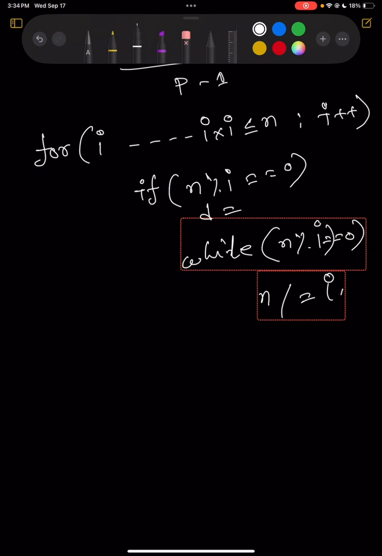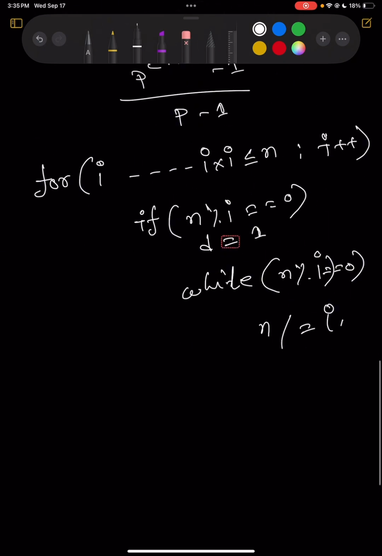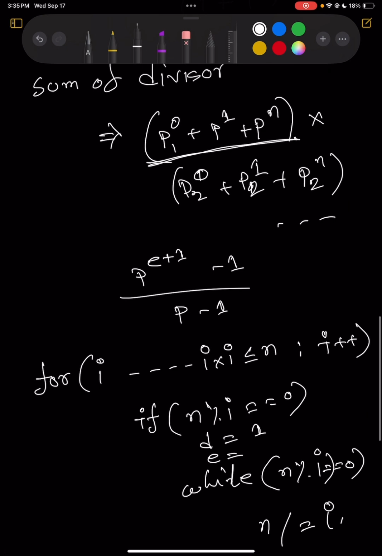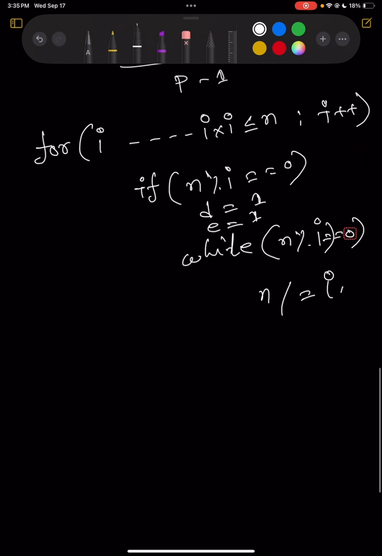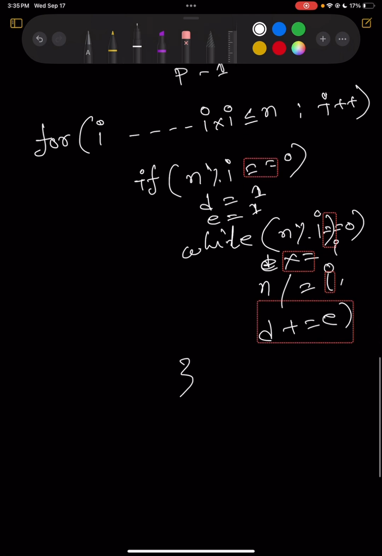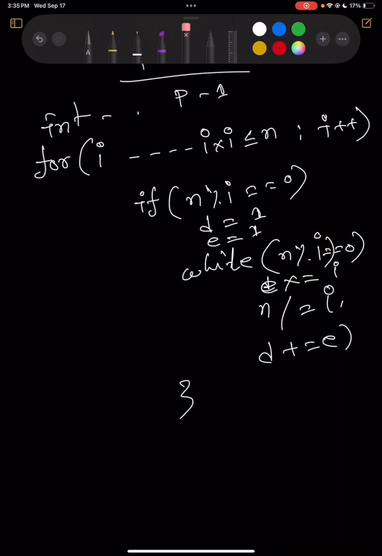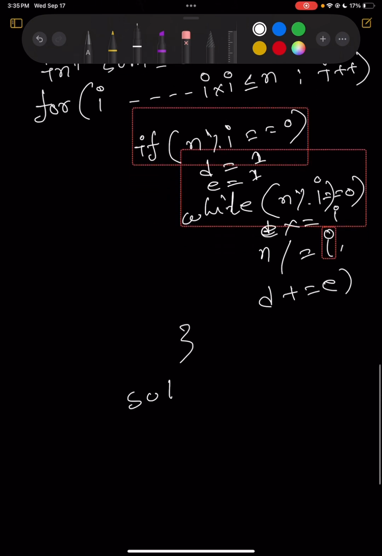We take d as the sum of divisors of the particular prime portion, and we take another variable e to calculate the exponential part, multiplying it by I, and d plus equals that. Finally, we take a variable sum equal to 0, and we add d to sum.